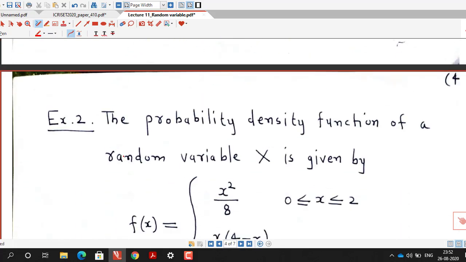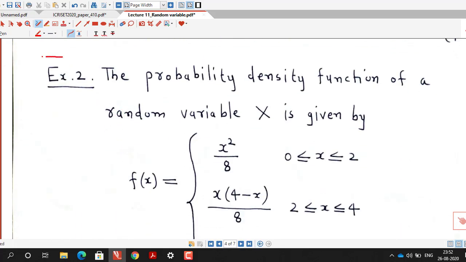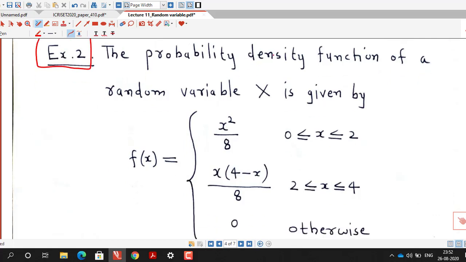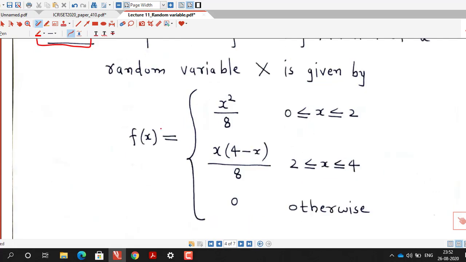So we consider another example in which the probability density function is non-linear. Suppose the probability density function of a random variable X is given by f(x) equal to x square by 8 if x lies in 0 to 2, and f(x) equal to x into (4 minus x) by 8 if x lies between 2 and 4, and outside these two intervals the function is 0.